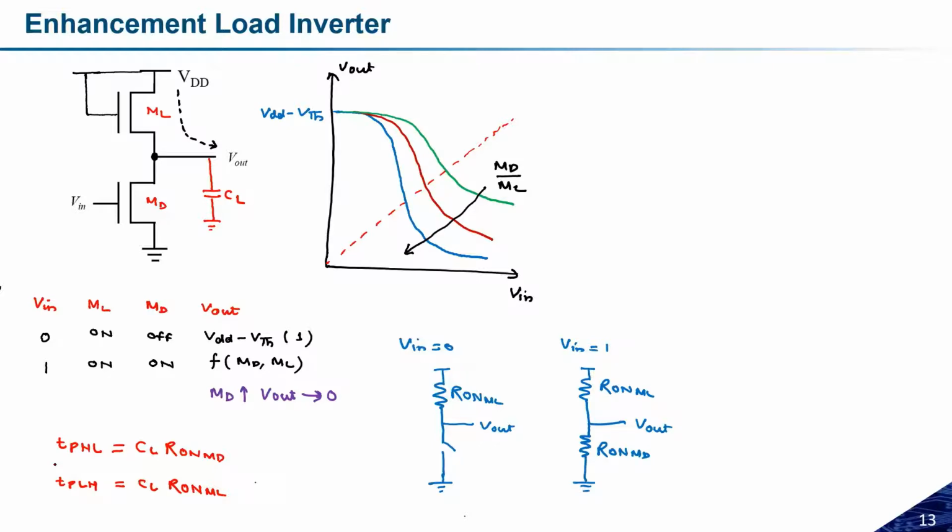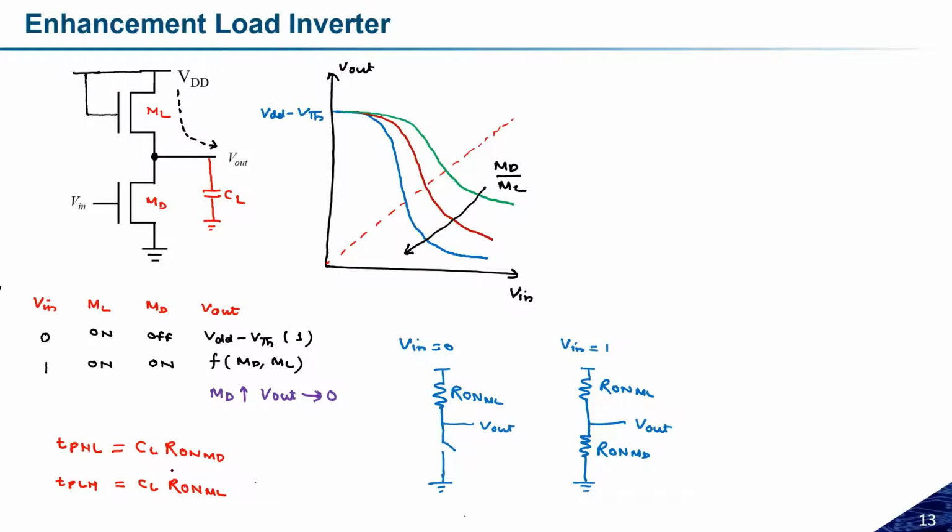And if I am increasing the sizing, if ML and MD are equal, here we have to discuss a very important thing. Because we have both NMOS transistors, if the size of both the transistors is equal, we can make TPLH and TPHL equal, because the on resistance of both the transistors will be equal.